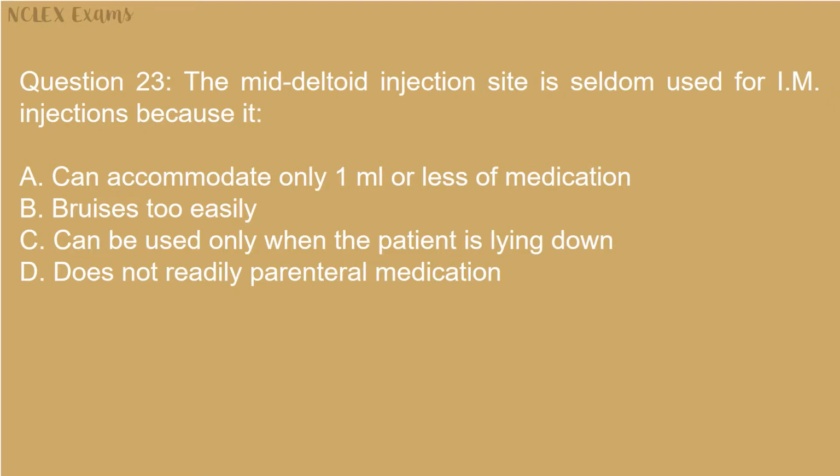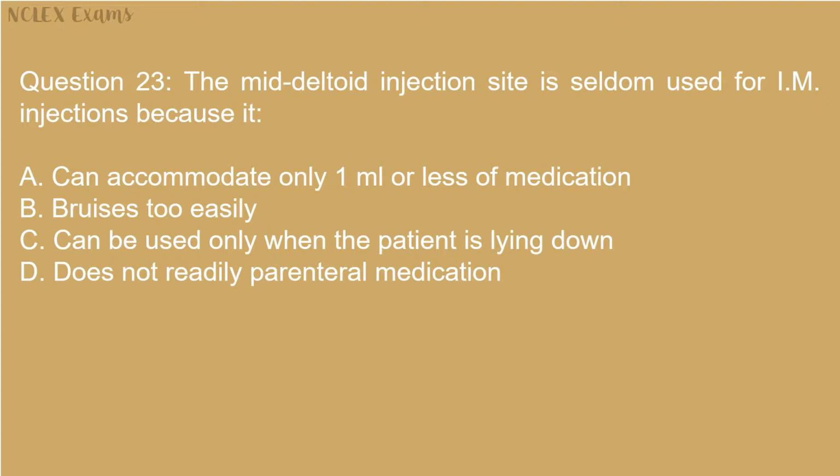Question 23. The mid-deltoid injection site is seldom used for IM injections because it A. Can accommodate only 1 milliliter or less of medication. B. Bruises too easily. C. Can be used only when the patient is lying down.